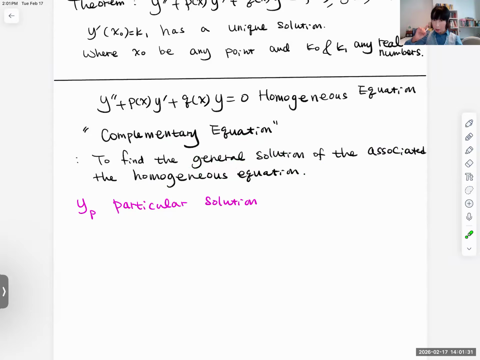So we make a symbol y sub p, this p from particular solution. Okay, then we have a complementary equation.